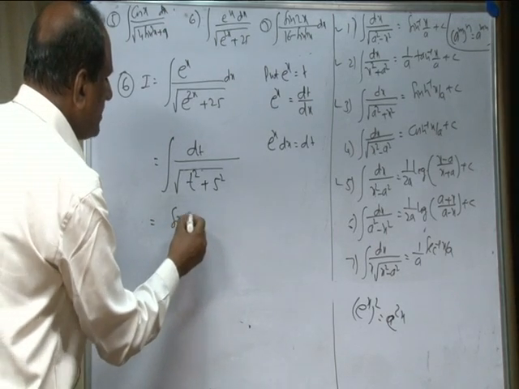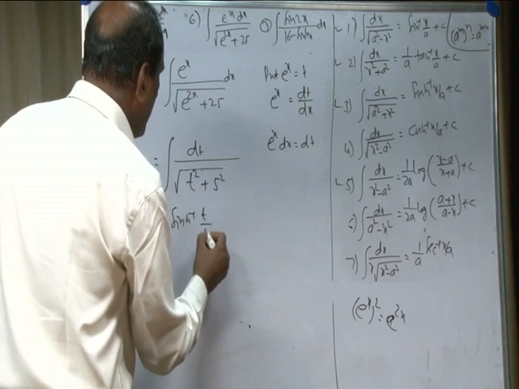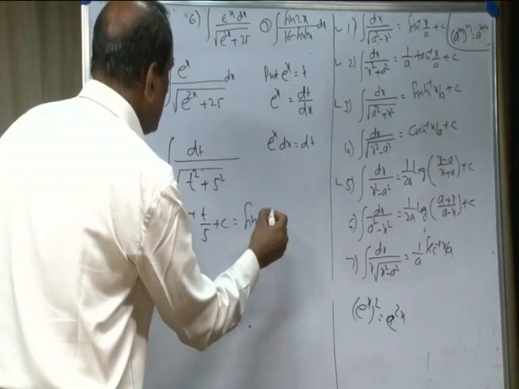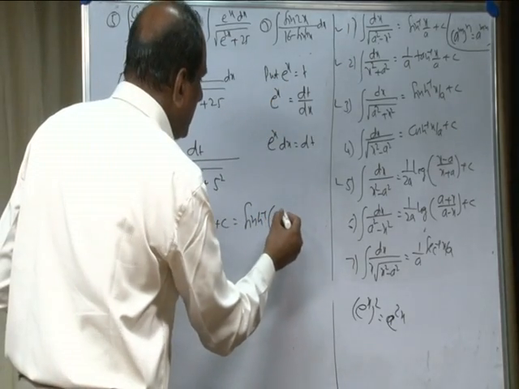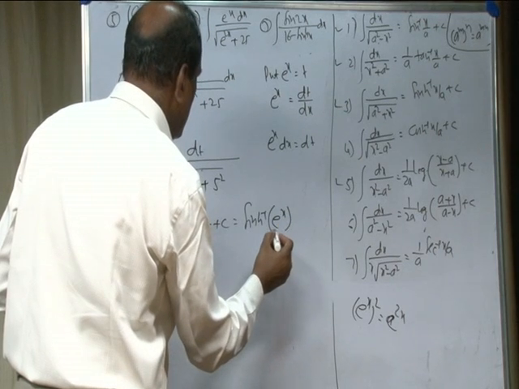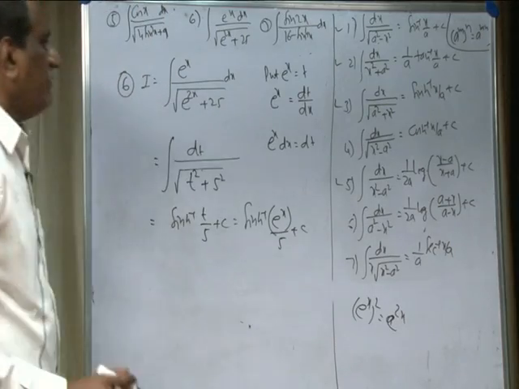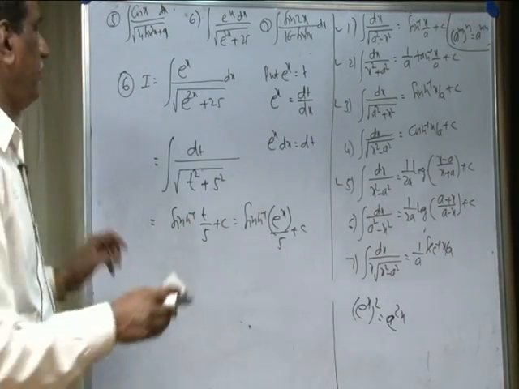Here x is t and a is 5, so plus c. What is t? T stands for e power x, so sin h inverse of e power x divided by 5, plus c, the constant of integration. So this is also the third standard integral.